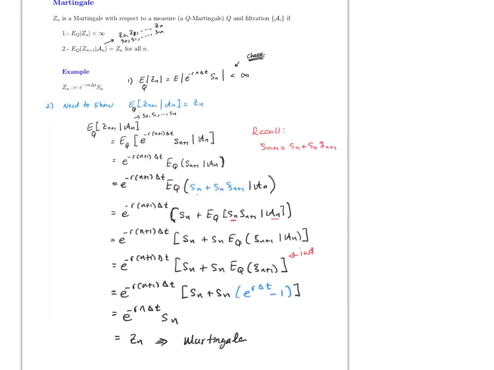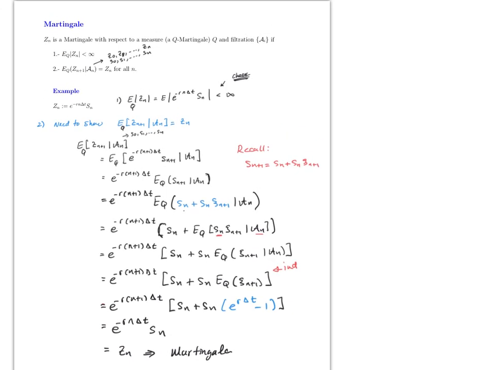Which means simply that C_n, which if you look closely is just a discounted value of S_n, is a martingale. That's it. So that's a very important result.